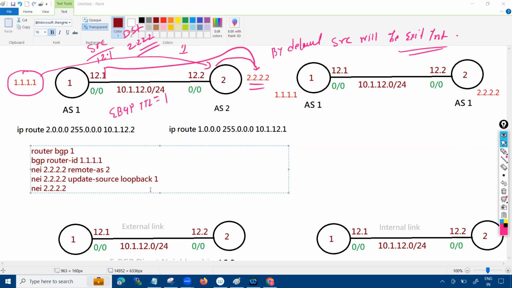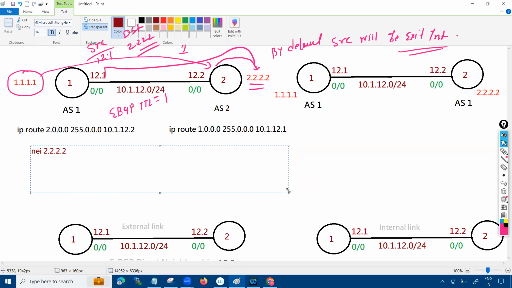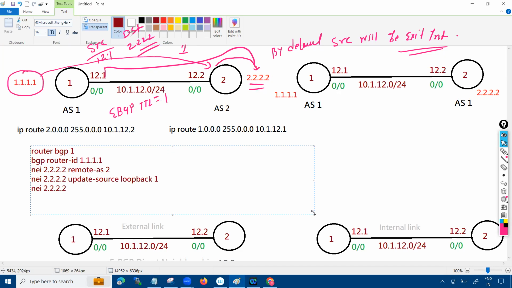So I need to change this TTL over there. I say that eBGP multi-hop.